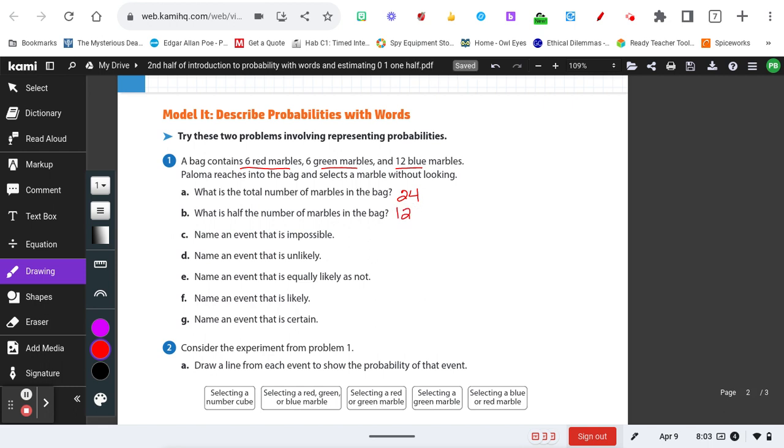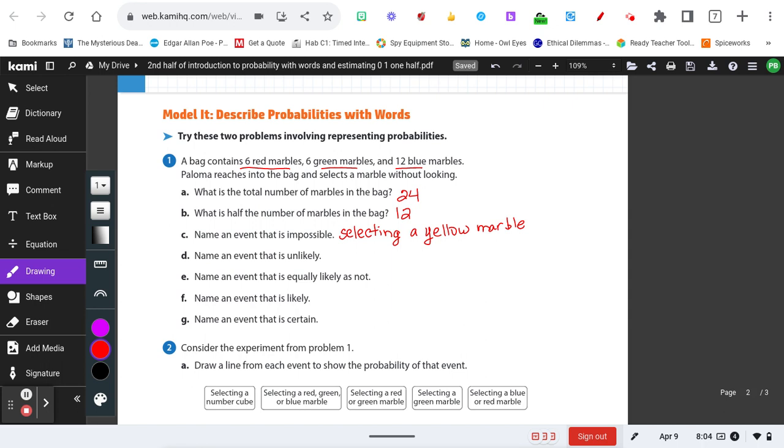Name an event that is impossible. Well, it's impossible to pick a yellow because you don't have any yellow marbles. Name an event that is unlikely.